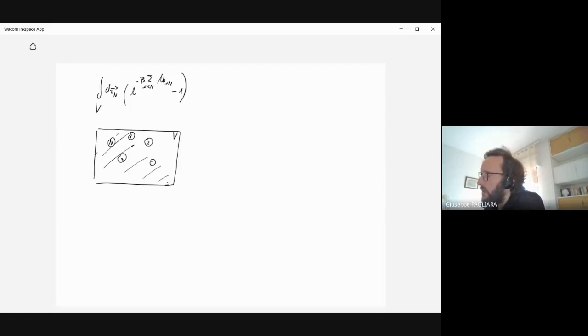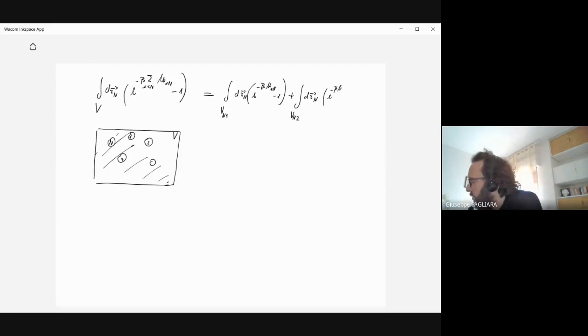Now, if you want, for what I said before, I can separate this integral into several integrals in which I consider the volume associated with the interaction between particle n and particle 1, and here I will have just the contribution, the integral of dr_n of e to the minus beta u_1n minus 1, plus the integral over the volume V_n2 of dr_n and the same function e to the minus beta u_2n minus 1, plus all the other terms. What I'm doing is the following.